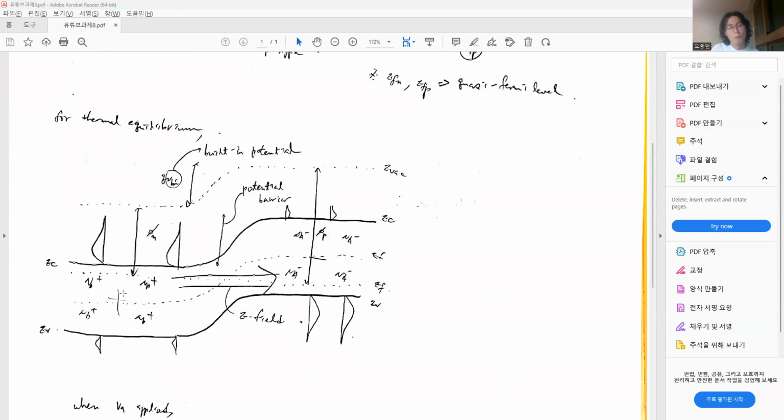And here, as we learned before, in the n-type semiconductor, there is a donor which is ionized to the plus sign, and in the p-type semiconductor, there is an acceptor which is ionized to the minus sign. So this donor and acceptor is the fixed charge.